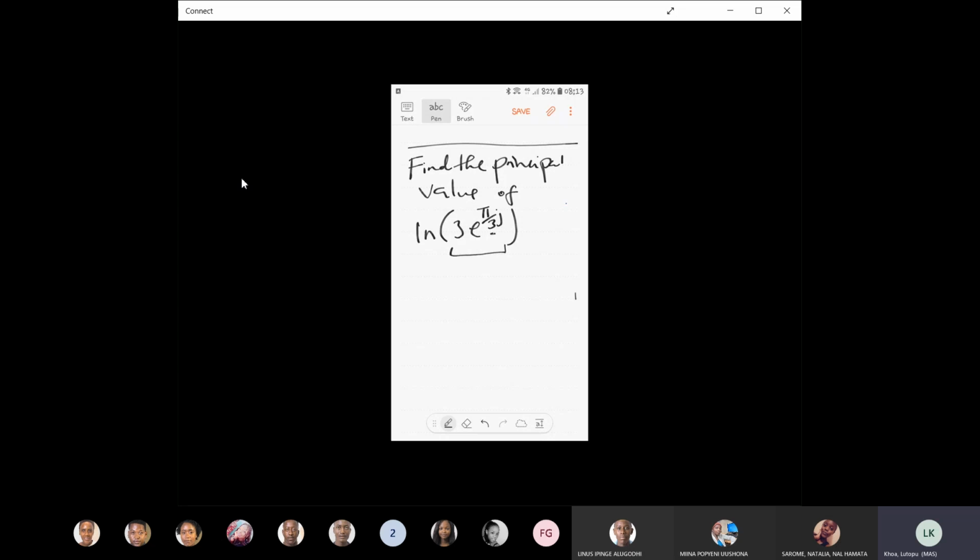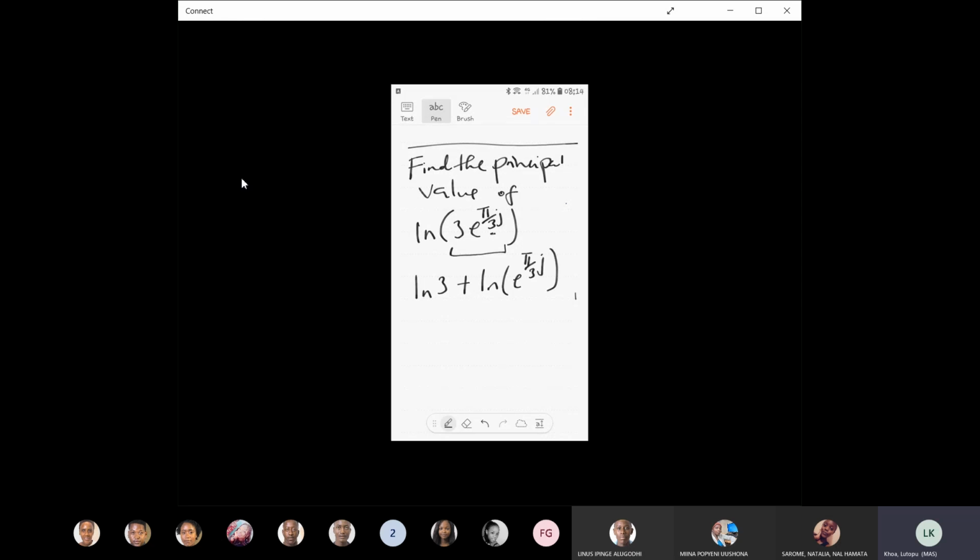Pi over 3 is 60 degrees, so that is in the first quadrant. It is positive, so I take it the way it is. So to work out the principal value over here, I will just work out ln. The laws of logarithms still apply. If I have a product like I do over here, I split that and make it a sum. So this is just ln of 3 plus ln e to the power of pi over 3 times j.